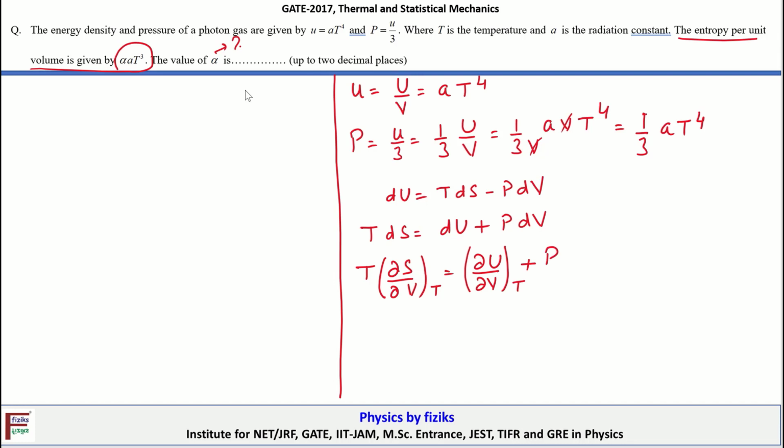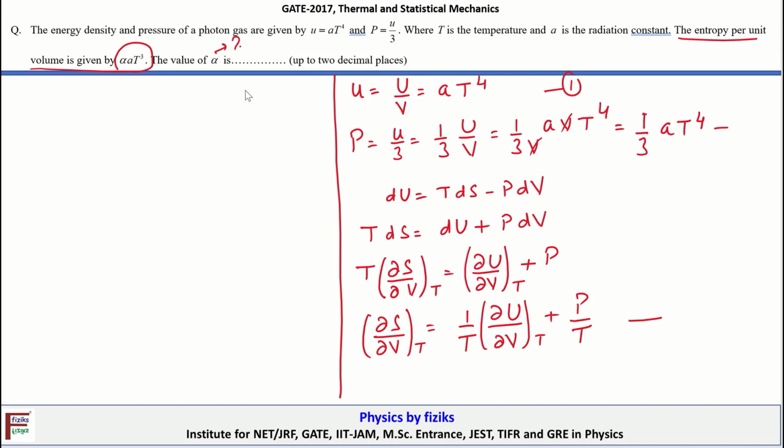That means dS by dV, the change in entropy per unit volume at constant temperature, is equal to 1 by T dU by dV at constant temperature plus P upon T. Let's call these equation 1, equation 2 and equation 3.